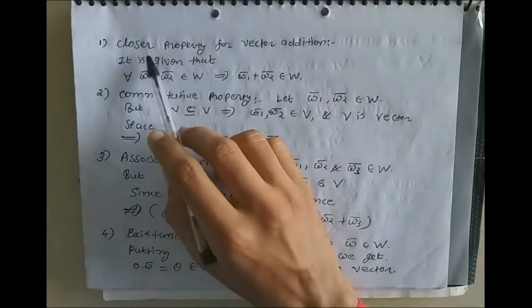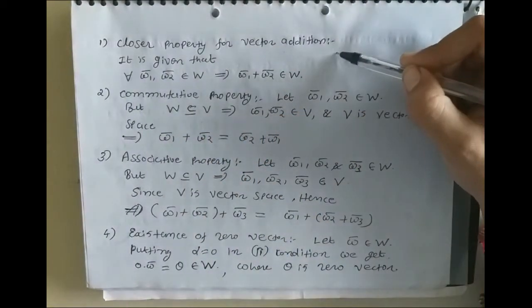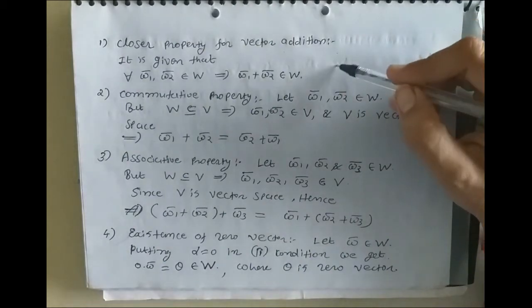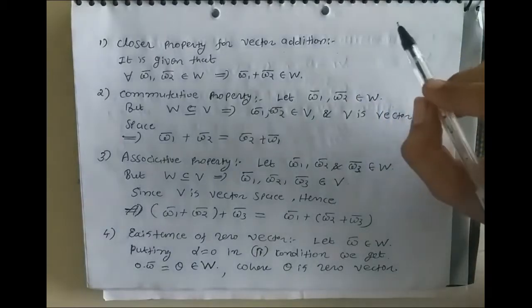So first is the closure property for the vector addition. This is already given in our hypothesis. What is the hypothesis? We have considered W as a non-empty set satisfying the two conditions. So the closure property for the vector addition is already given.